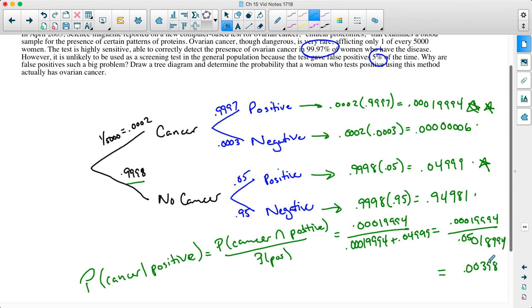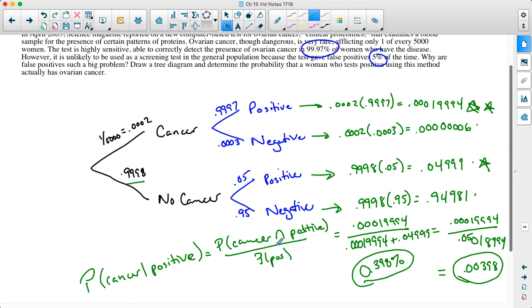0.00398. So why are false positives such a big problem? Well, the answer is this is the probability that you have cancer if you have a positive test. That's 0.398%, which is a very, very small chance.